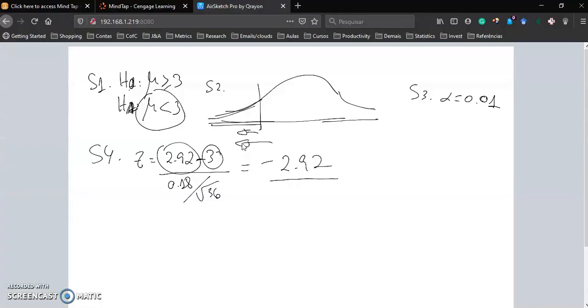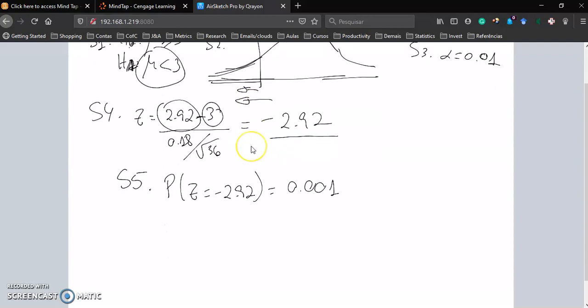So step 5, probability for the z equal to negative 2.92 is 0.001. Okay, let's leave it like this.